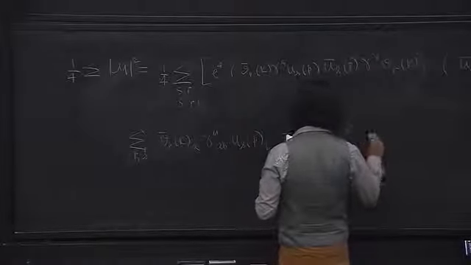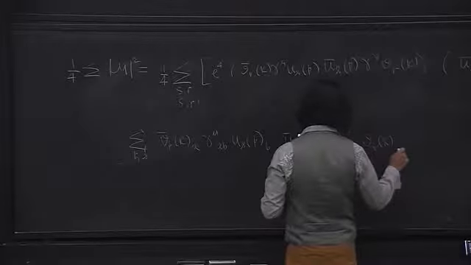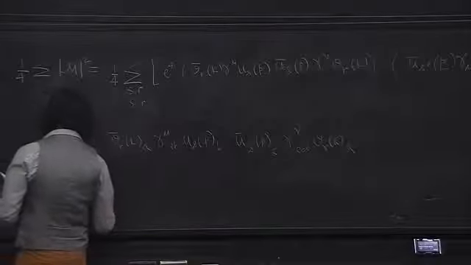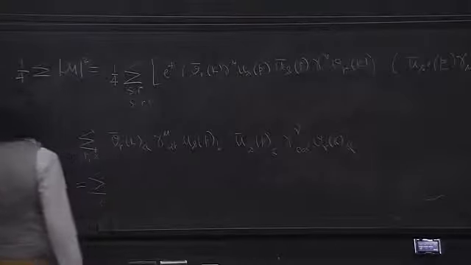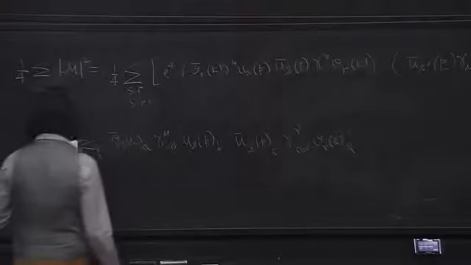C and D. V R of K of D. We can then rewrite this in a way such that we get a trace over the indices.